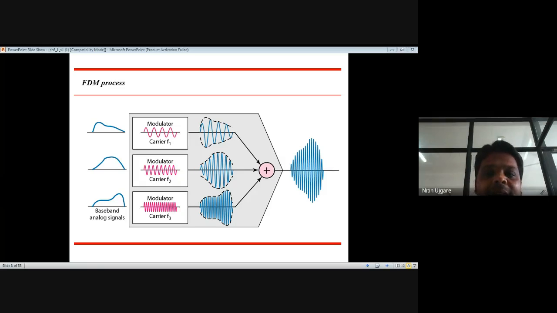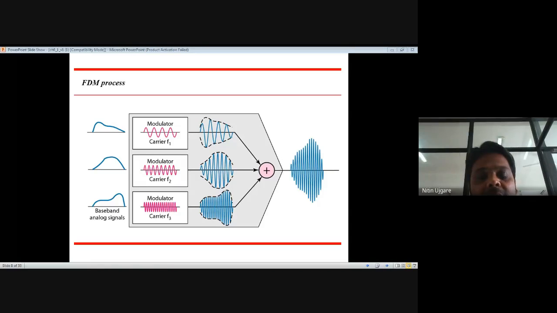FDM is an analog technique that can be applied when the bandwidth of the link is greater than the combined bandwidth of the signals to be transmitted. In FDM, the signals generated by each sending device modulate different carrier frequencies. These modulated signals are then combined into a single composite signal that can be transported by the link. The carrier frequencies are separated by sufficient bandwidth.